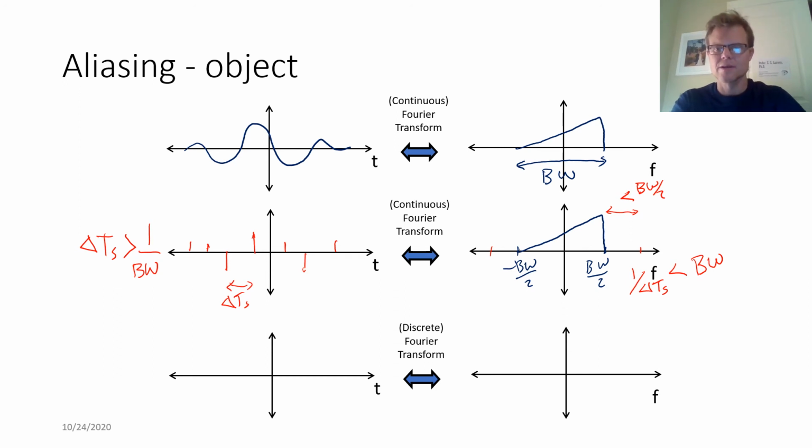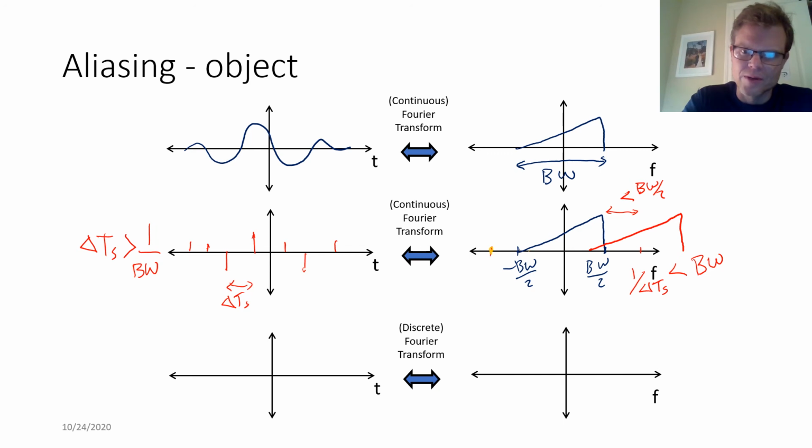That means when we put our replica on here, it's going to overlap. Let's add a different color here for the other replica. We're going to get the same phenomenon on the other side.